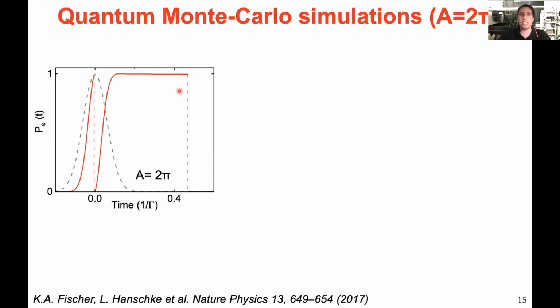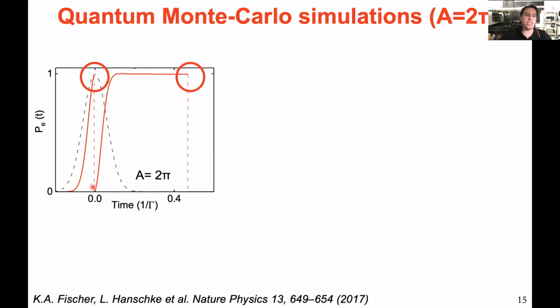Now, when we excite the system with a pulse area of 2 pi, the most likely trajectory is that the system is excited, de-excited again, and no photon is emitted. However, when we look at the most likely trajectory where photons are emitted, we see that these are two-photon emission events. So if photons are emitted, a first photon is already emitted during the presence of the pulse. Of course, the emission is most likely when the system is in its excited state, so exactly after a pulse area of pi has been absorbed.